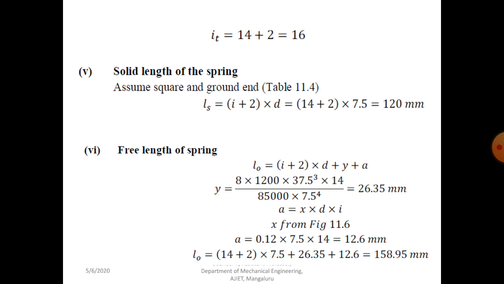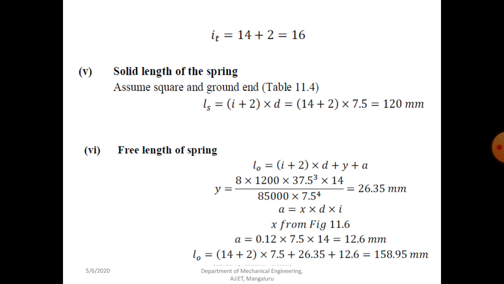We already discussed that in page number 168 for different types of spring. That is figure 11.1, notations for different types of spring. We discussed free length, compressed length, solid length, and operating length. Based on that you have to find out the free length.